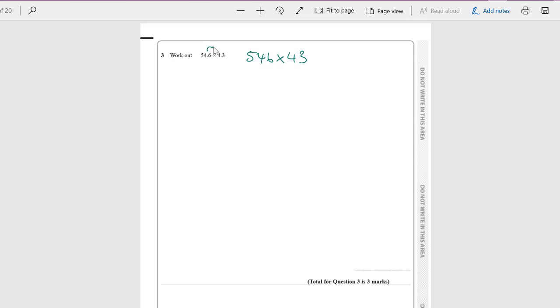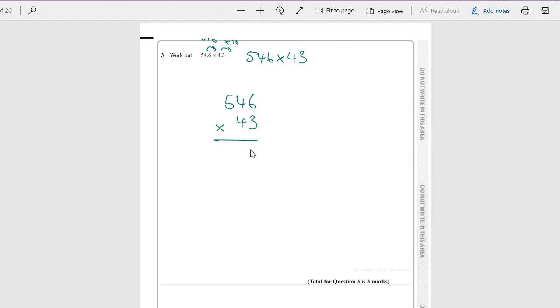We've simply multiplied by 10 here and by 10 here to give us these numbers. The next thing we can do is simple manual multiplication. This is one of the ways in which you can do it.